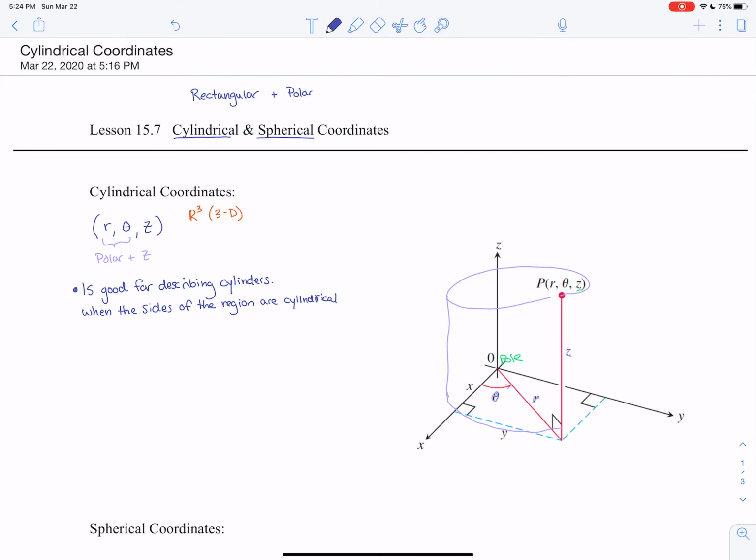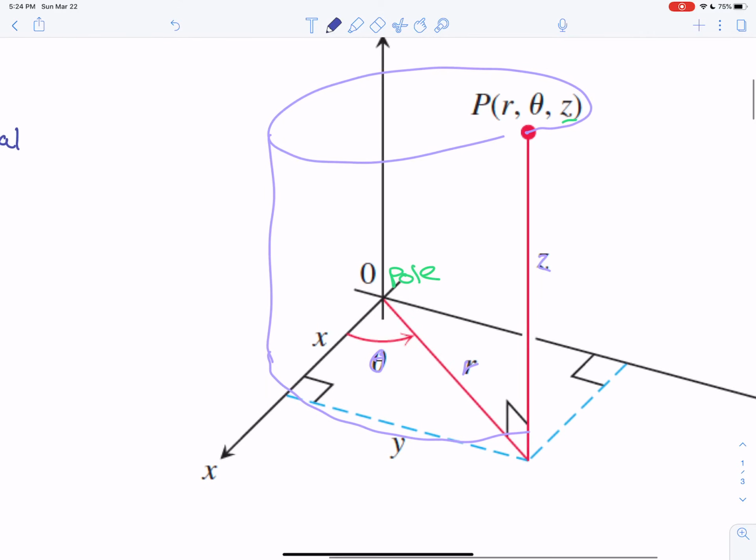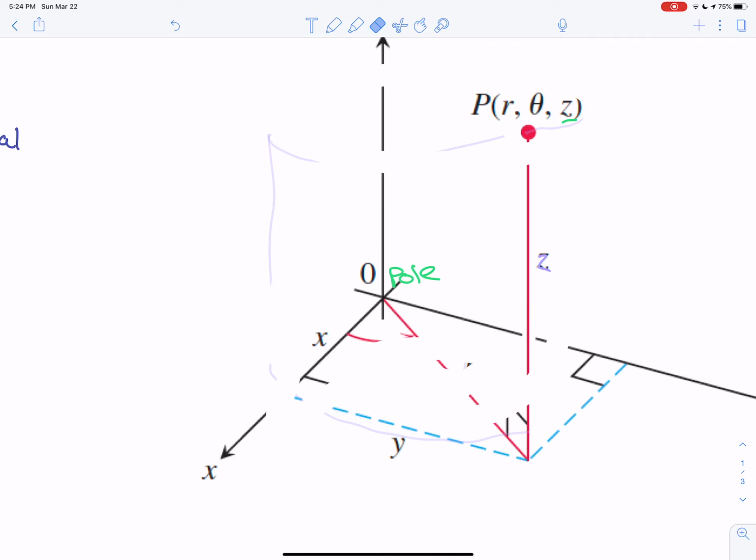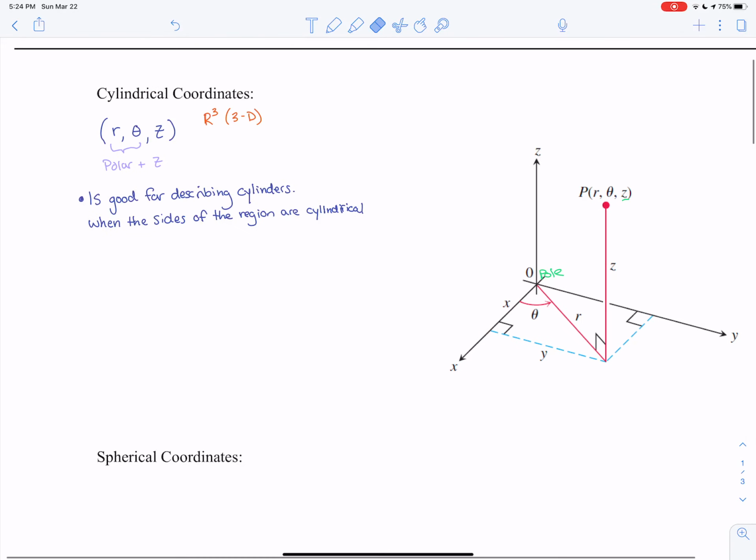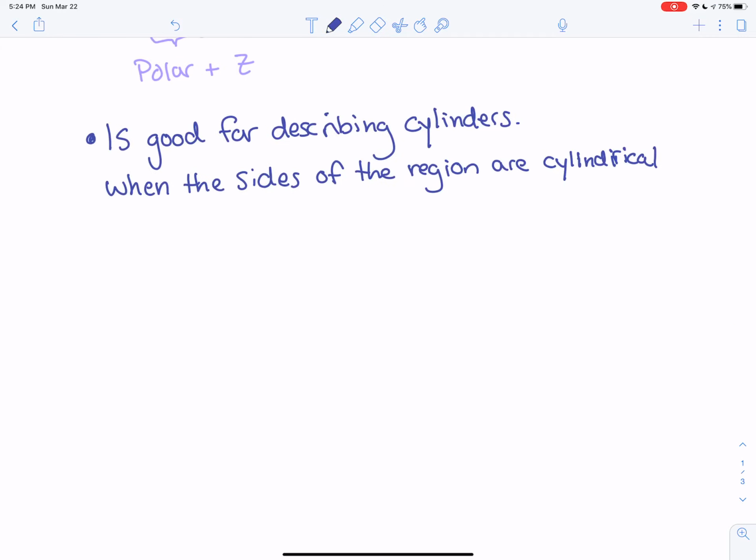Because this idea that letting r and z stay constant and just varying theta, it traces out this nice cylindrical side. So we're going to see the cases when it's good to use a cylindrical coordinate system to integrate through a 3D space. These are used for triple integrals.